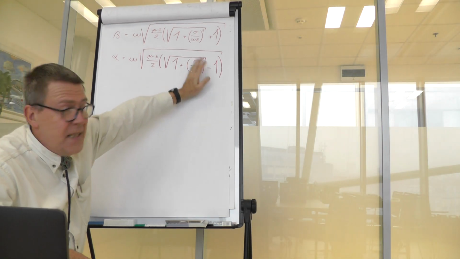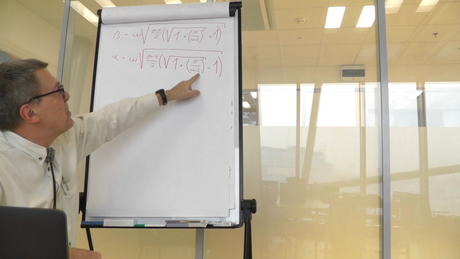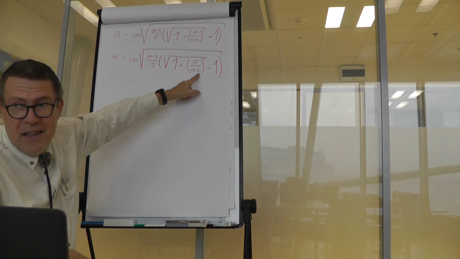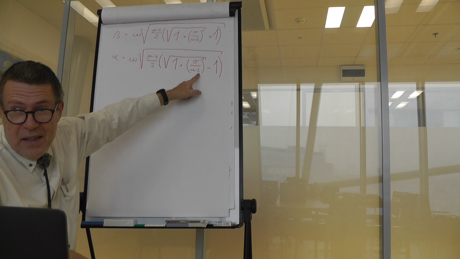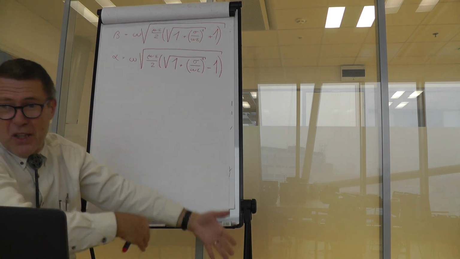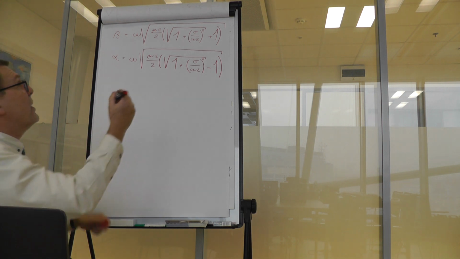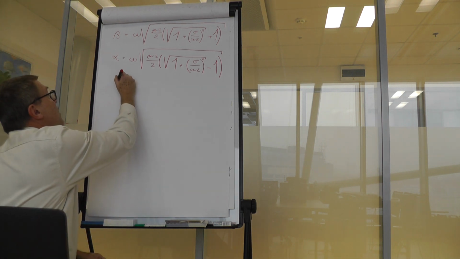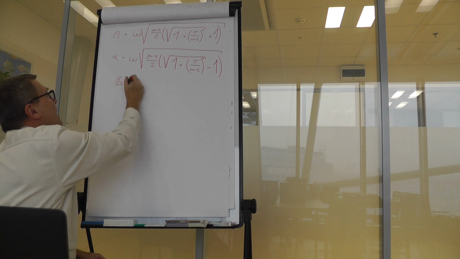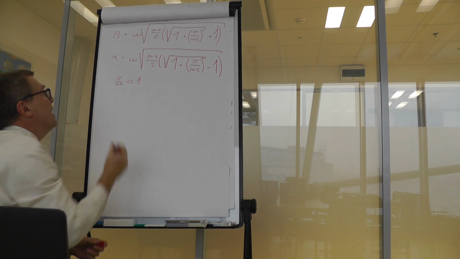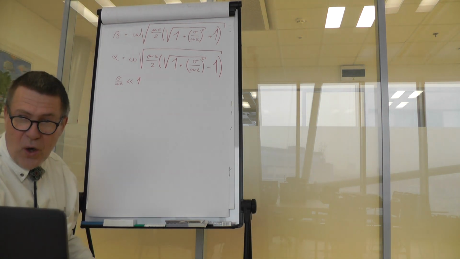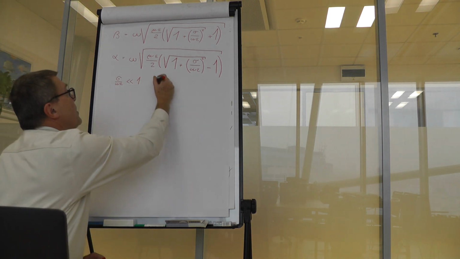Well, in those cases where sigma over omega epsilon is much less than 1. Then you square it, it's much less than 1, and you can neglect it. So for cases where sigma over omega epsilon is much less than 1, we can call the material a dielectric.